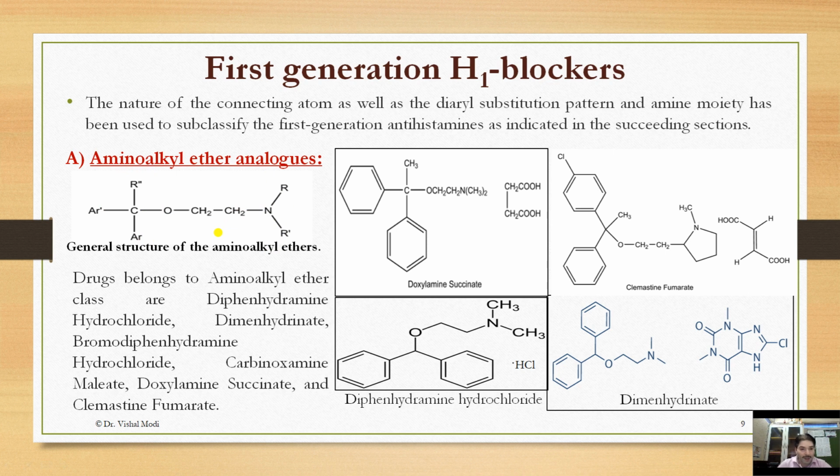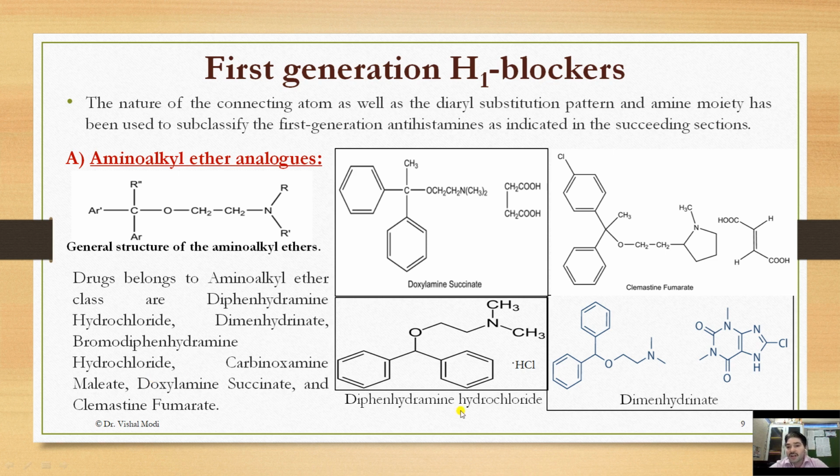Drugs belonging to the aminoalkyl ether class are diphenhydramine hydrochloride, dimenhydrinate hydrochloride, bromodiphenhydramine hydrochloride, carbinoxamine malate, doxylamine succinate, and clemastine fumarate. These are all the drugs belonging to the aminoalkyl ether analogues category.